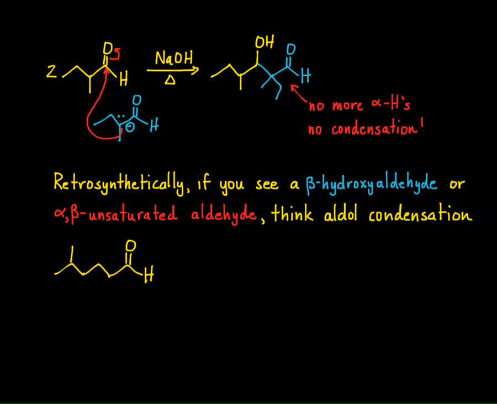So let's take a look at how you work backwards retrosynthetically on an alpha beta unsaturated aldehyde. So here I have an example of an alpha beta unsaturated aldehyde, right? We have an aldehyde, and between the alpha and beta carbon we have an alkene. And so that's our unsaturation.